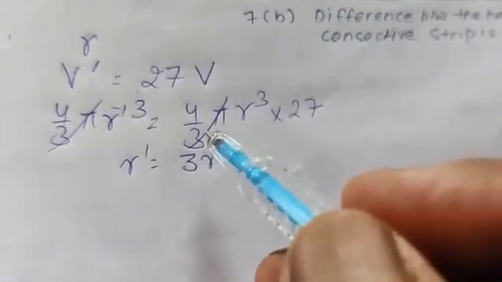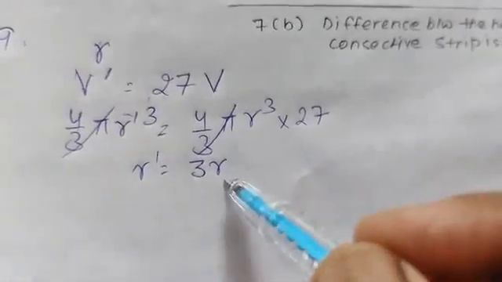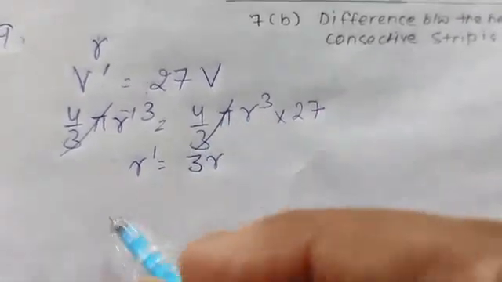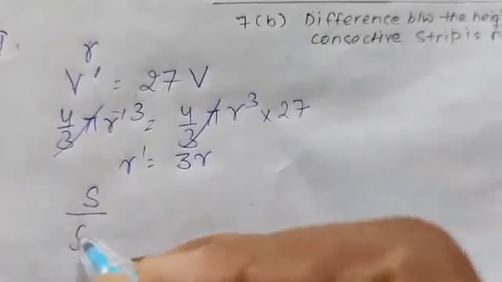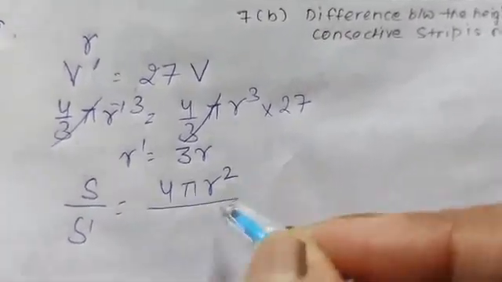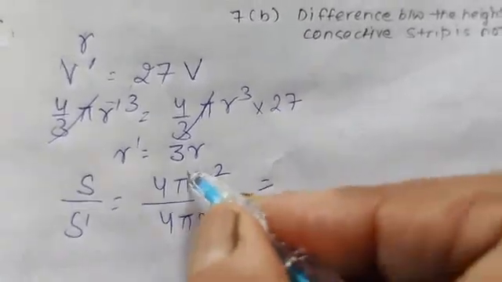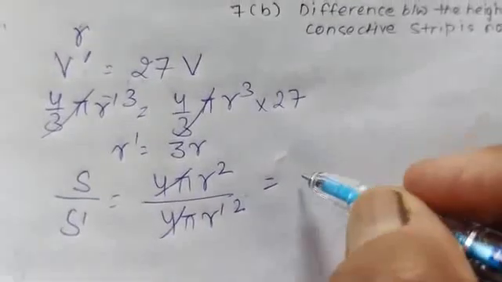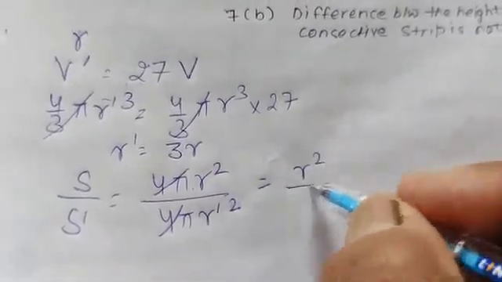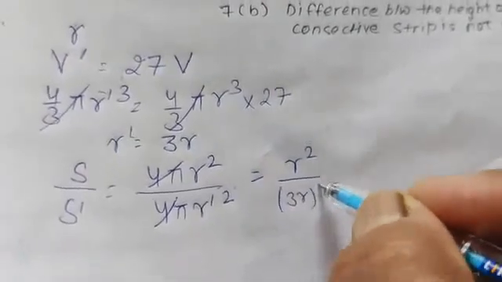So the radius r dash of the new sphere is 3r. Now the ratio of s and s dash. S upon s dash. S means 4 pi r square and s dash is 4 pi r dash square. 4 pi cancel. R square, and r dash equal to 3r, 3r whole square.